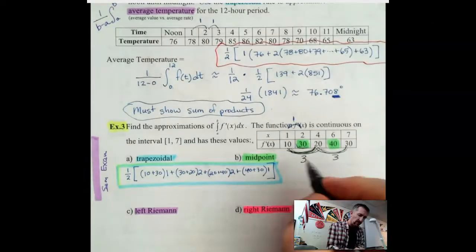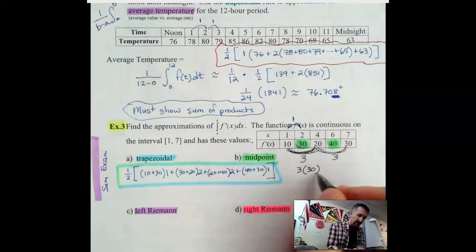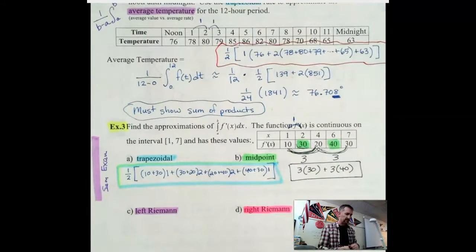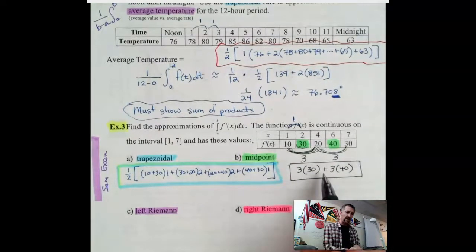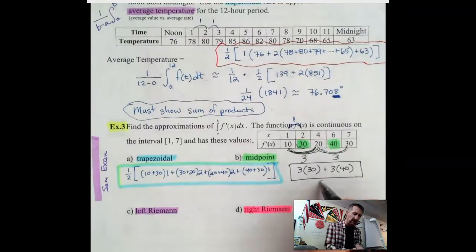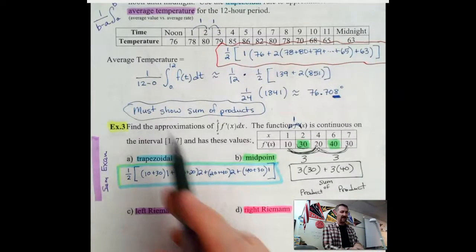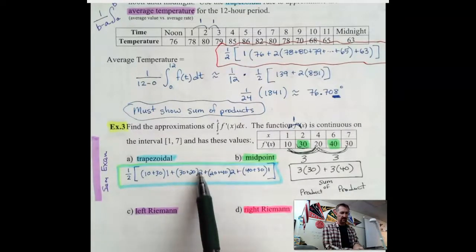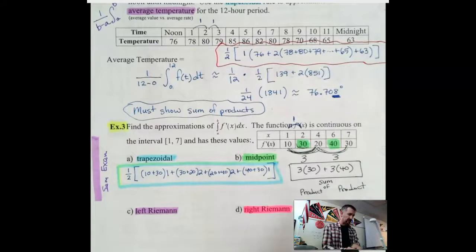So you're going to take 3 times 30 plus 3 times 40. Alright? And that's a sum of products. That has to be shown in your work. Same thing here. We're adding up, and these are products times 2. Okay, so that would be it.